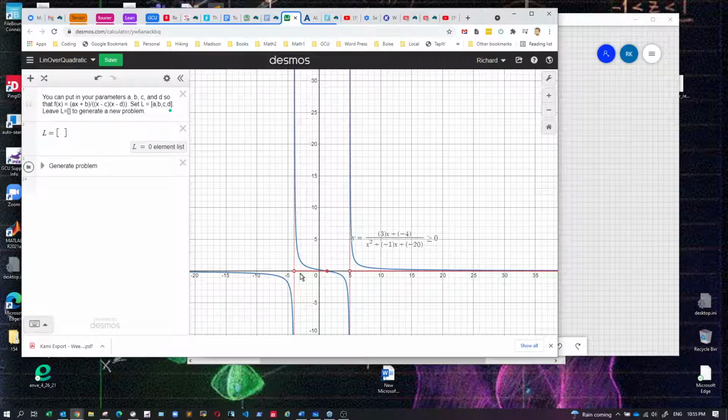So basically the trick of these problems is to find out where the numerator is 0 and factor the bottom, and then look at the two zeros of the denominator here, and that'll correspond to these places that are not in the domain of the function. And what happens then is you break this line up into pieces.